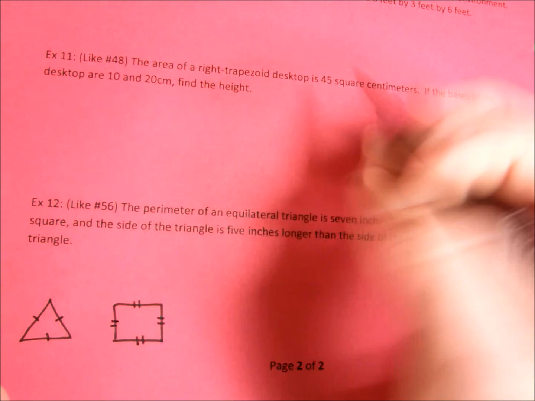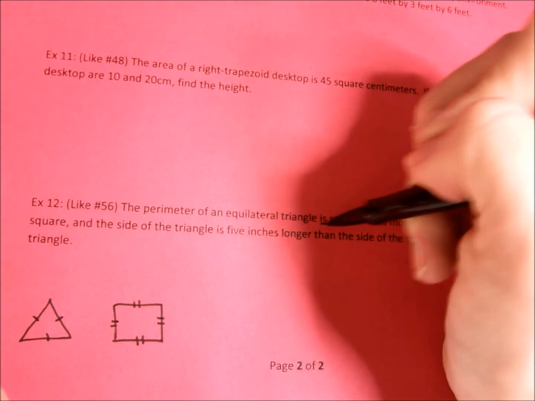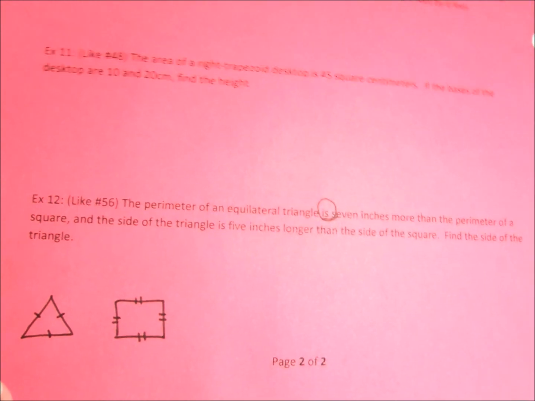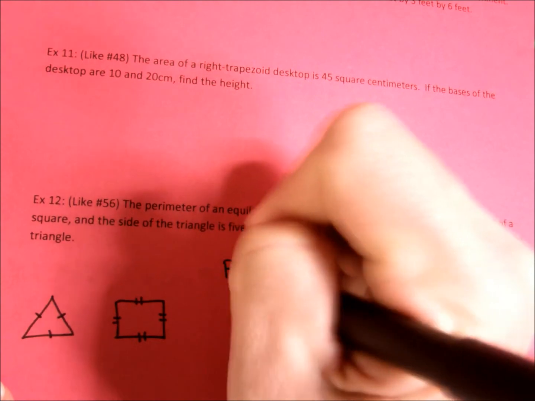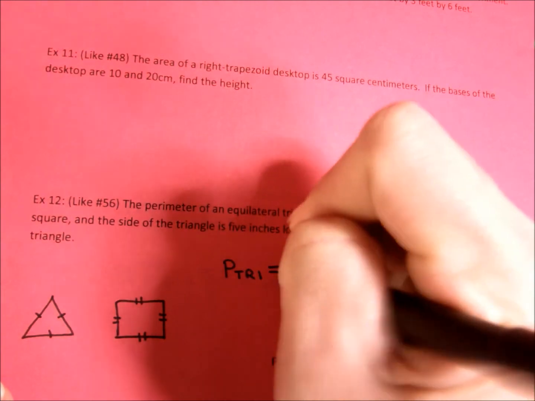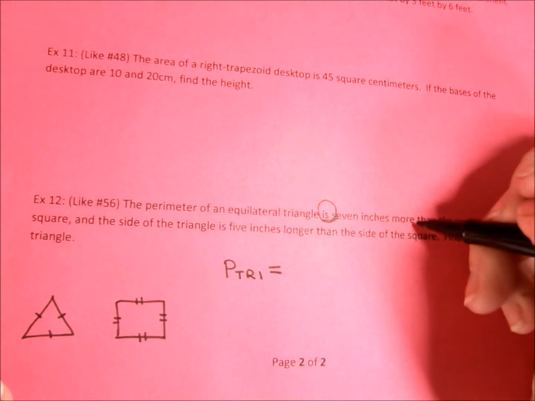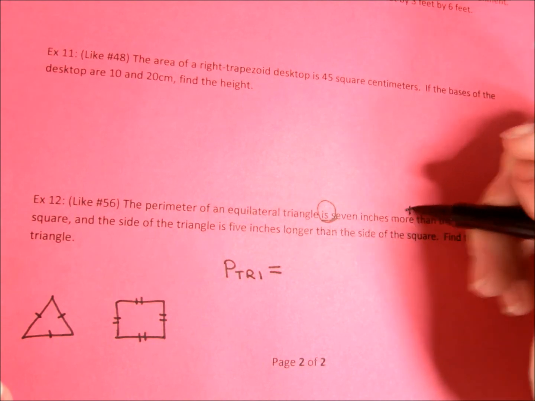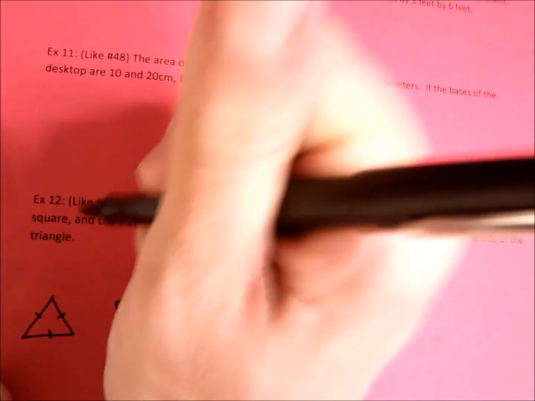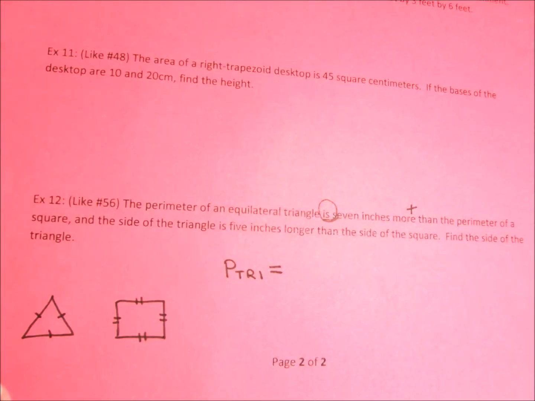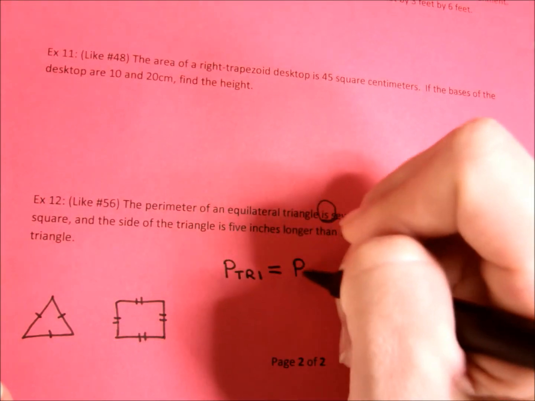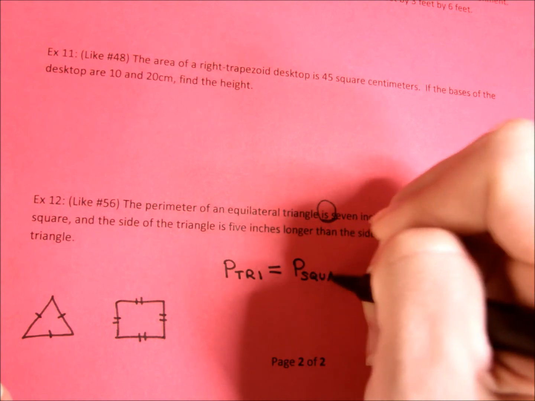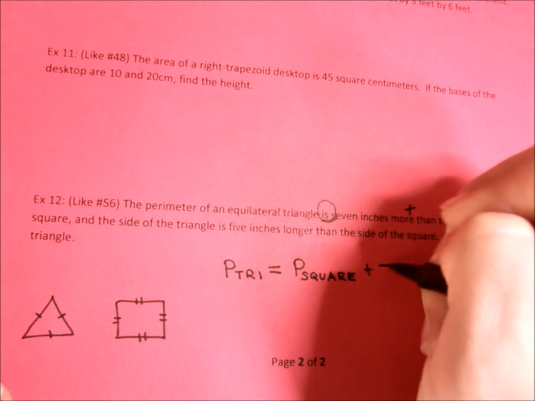The perimeter of the triangle equals 7 inches more, plus 7, good, than the perimeter of the square. So I'm going to do perimeter of the square plus what? Okay, plus 7.